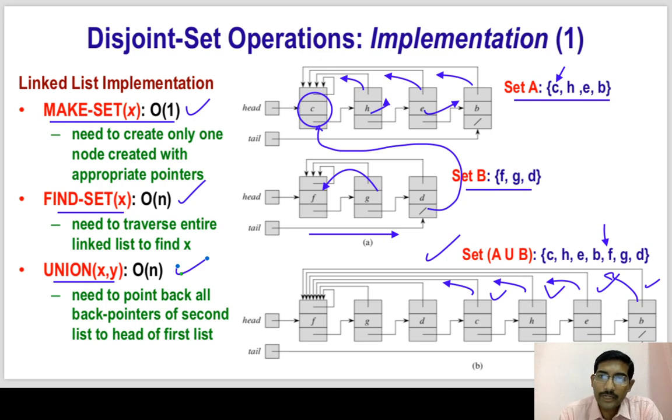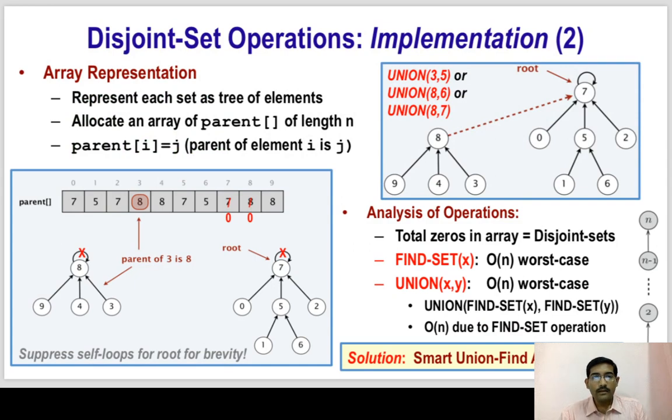So this is one particular implementation, but can we do better than this order of n? Let us see what variant implementations we can have. Instead of using a linked list, we could have also used an array and seen these sets, after joining or a set of elements, in a tree-like form.